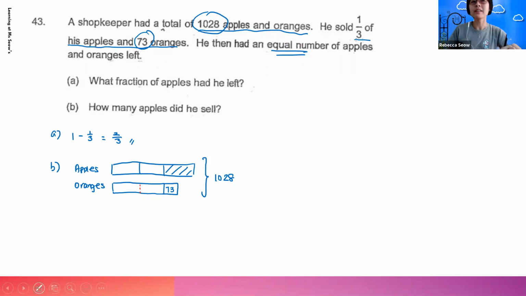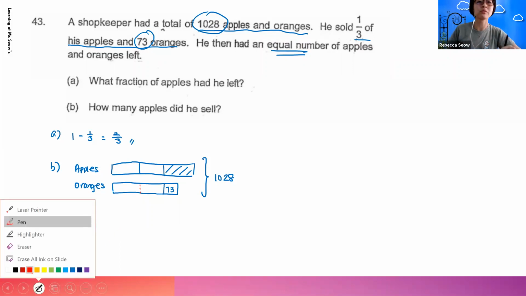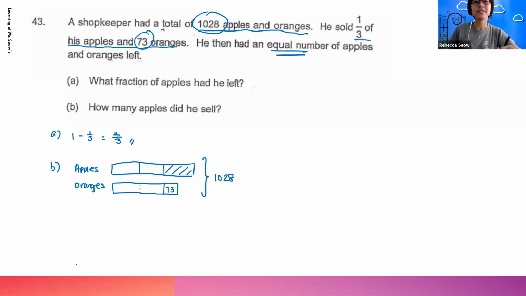Okay, so now I think we should be able to solve this question. How can we solve this? You realize that 1028 is actually made up of 5 units and 73. Yeah? Okay, so let's try to find what 1 unit is first.